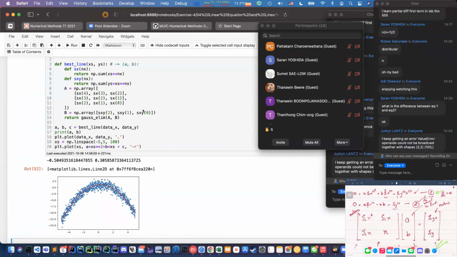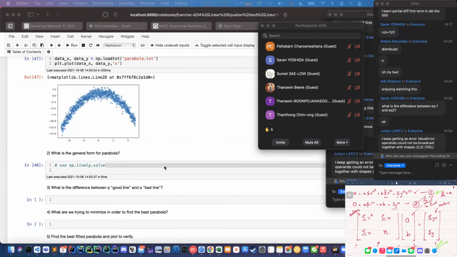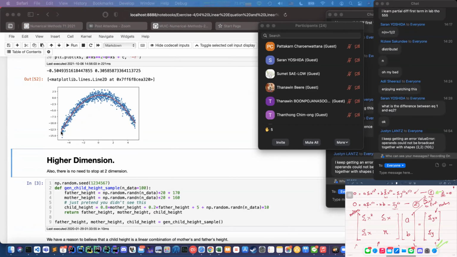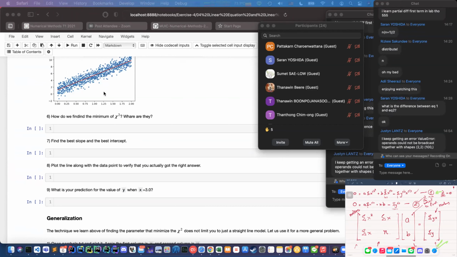Where are you? Show me your code, Justin. I can kind of guess what happened, but show me your code. Put it on Discord or something. If it's a picture, I don't think you can put a picture on Zoom. There. For those of you who are done, get the parabola. Just post your code on Discord so I know.